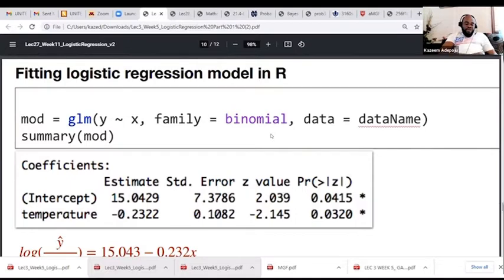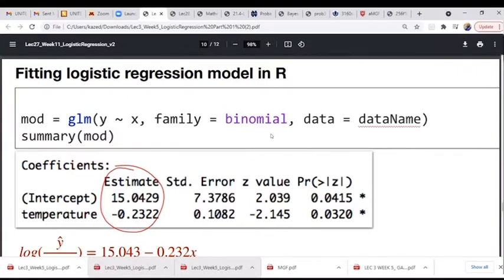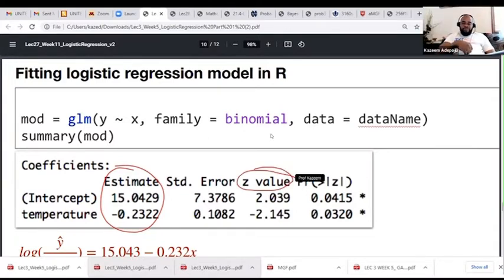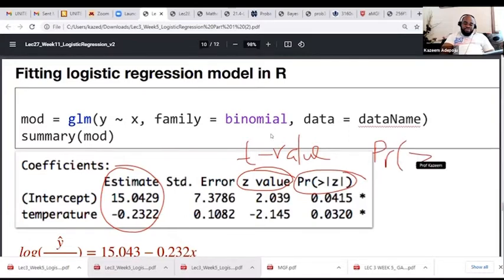Now if you take a look at the estimate right here. Sorry, can you repeat that? So the z value is actually the t value in this case. Yes, if you take a look at the z column here, when you run linear regression, it is going to be the t value, and this side will be the probability associated with the t.